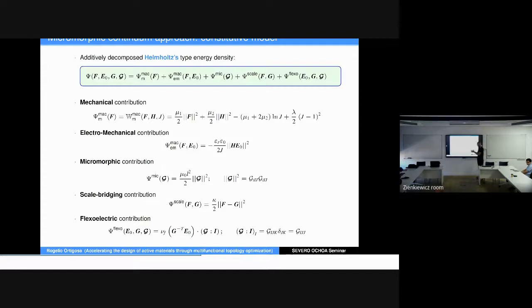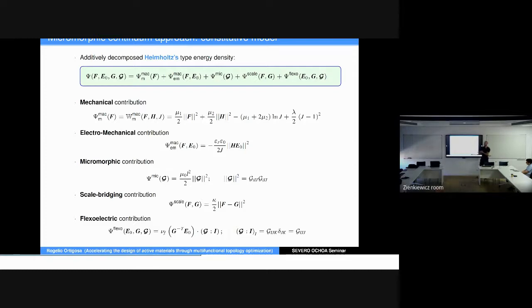And then we have this micromorphic term, which has the Frobenius norm of this third-order tensor, gradient of G, gradient of G. This is what they call in the paper a scale bridging term, which essentially is like a penalty term. The higher the value of kappa, the higher the link between the macroscopic and the microscopic deformation gradient tensors.